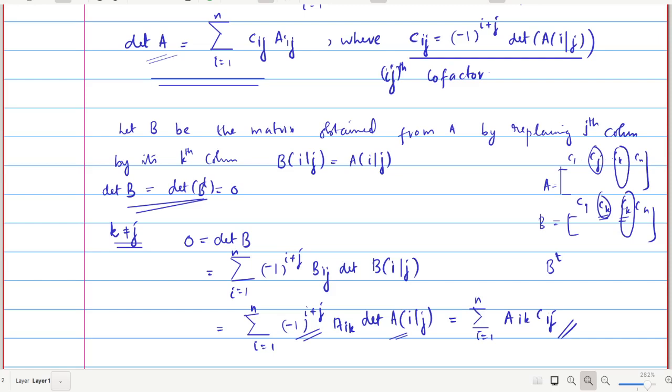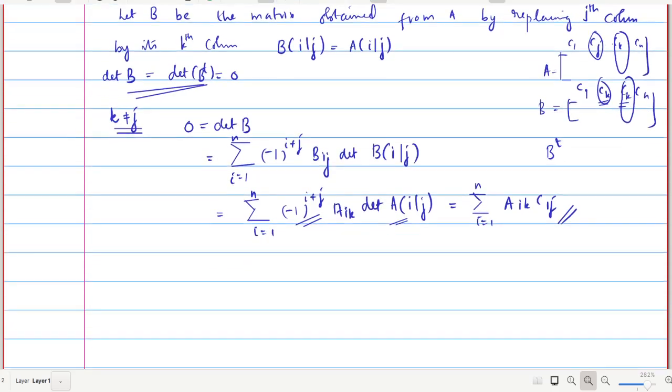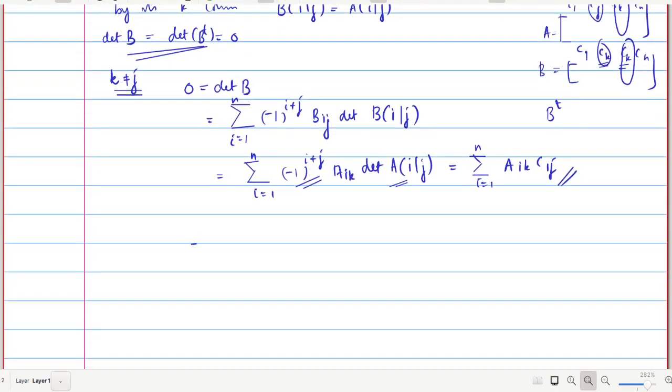Now we can conclude these two things like this: the summation over i equal to 1 to n of C_ij A_ik equals delta_jk determinant of A.